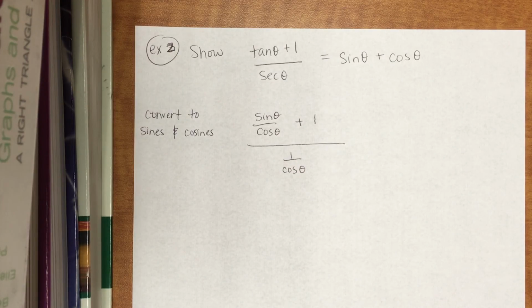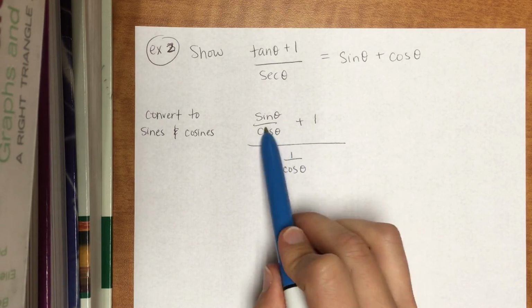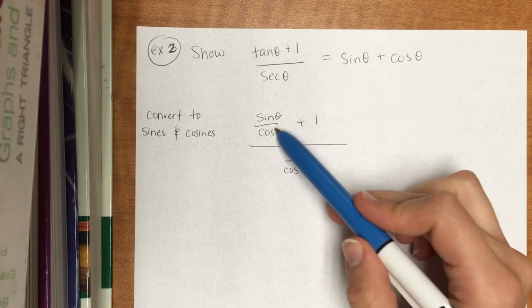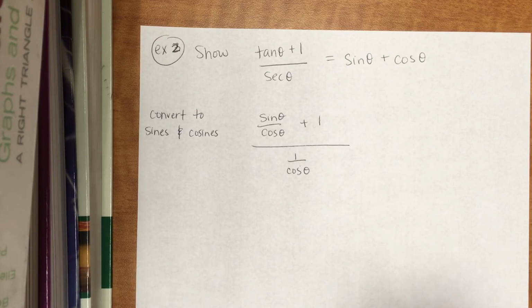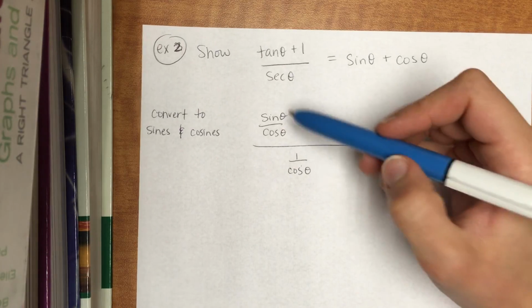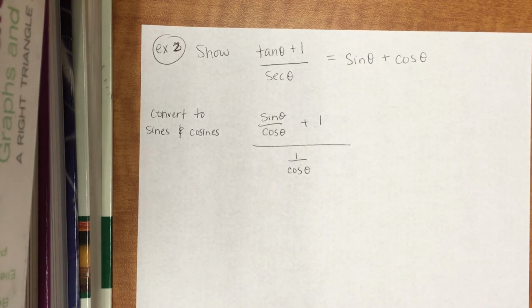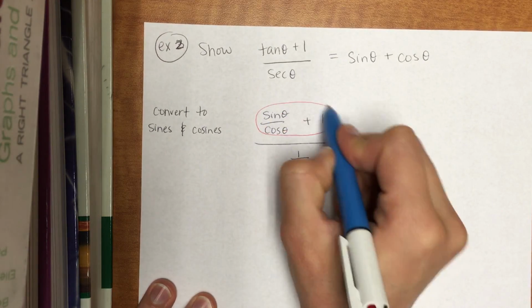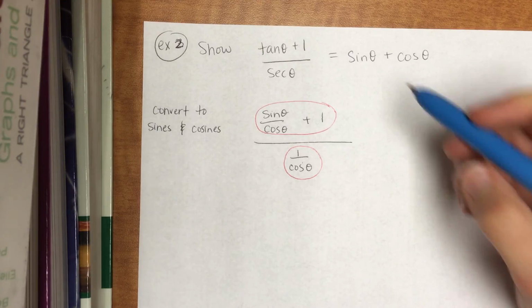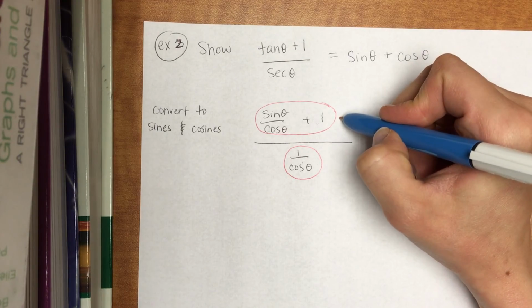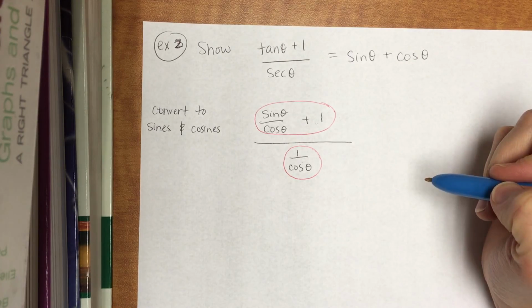Okay, so 2 things stick out at me. I am adding to a fraction, and I have a fraction within a fraction. Before you deal with your fraction within a fraction, like we did last example, you have to have 1 fraction on top divided by 1 fraction on bottom. And right now I have an equation on top divided by a fraction.